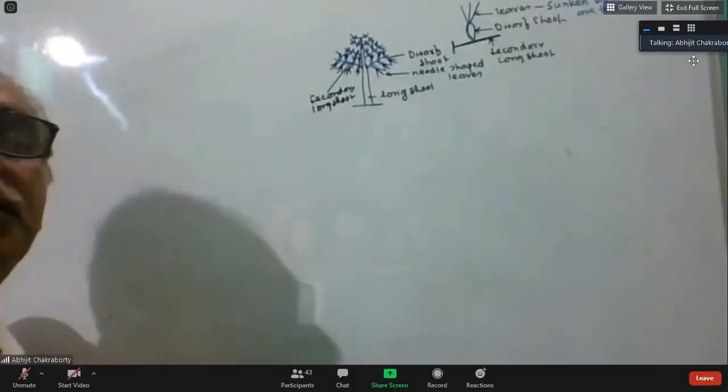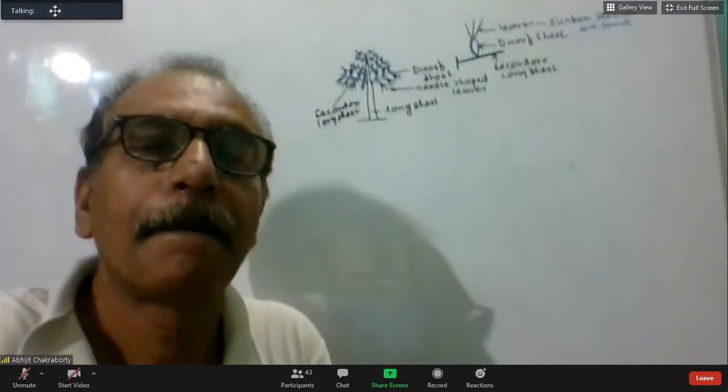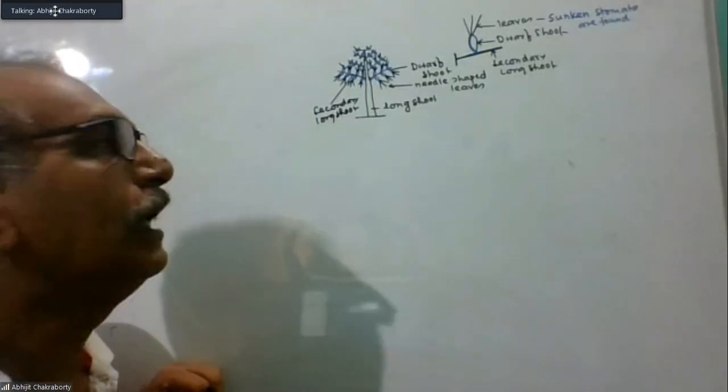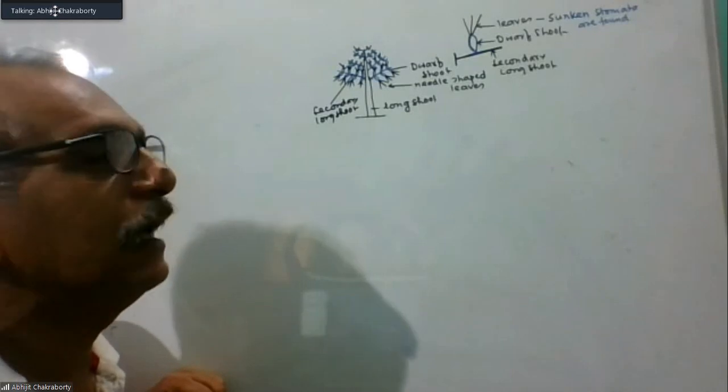Sunken stomata are found, and that's why they can check the rate of transpiration.